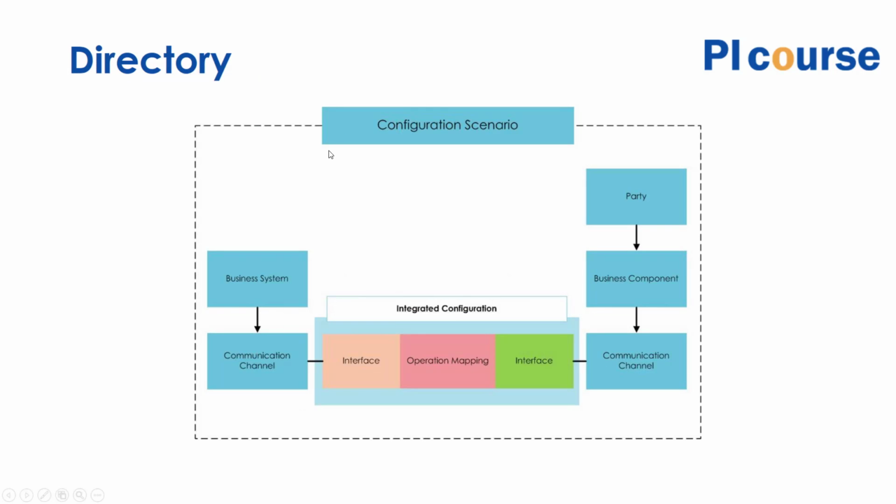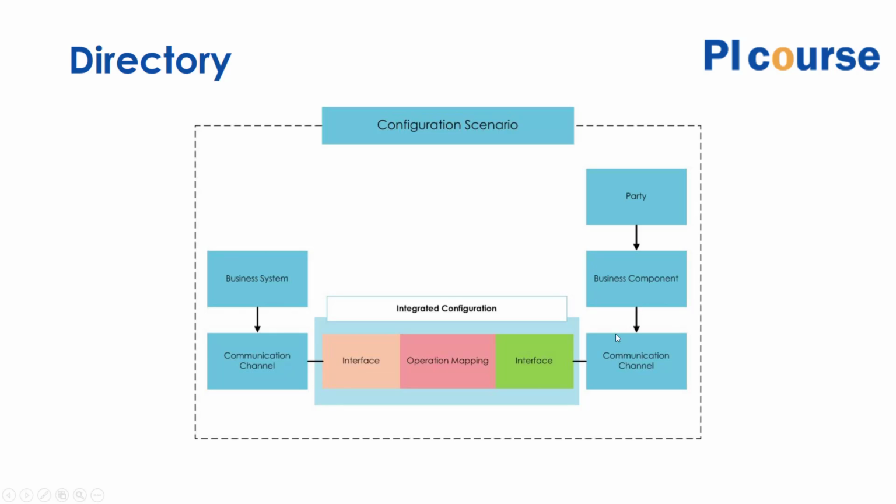On the configuration side, we've got a business system. A business system is a real system that you have in the landscape you have created in your SLD. On this, you are creating a communication channel. Then you have the integrated configuration. This is the interface. You have an operation mapping, and then you have an interface for the receiving system.